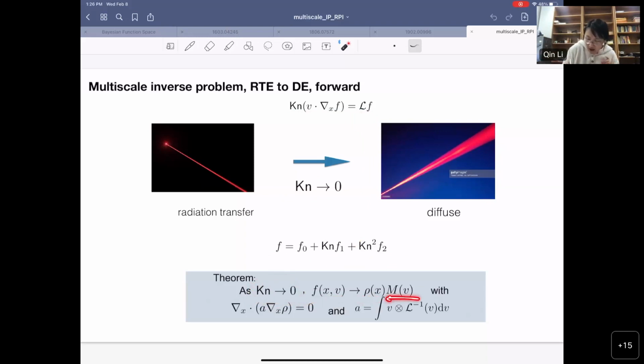Moreover, the function on the velocity is a fixed function. There's nothing you can change, and the function on the spatial domain is a diffusion equation. So this pretty much explains why in the Knudsen number going to 0 limit, you are passing from the laser to the flashlight, the equation changes from the radiative transfer to the diffusion.